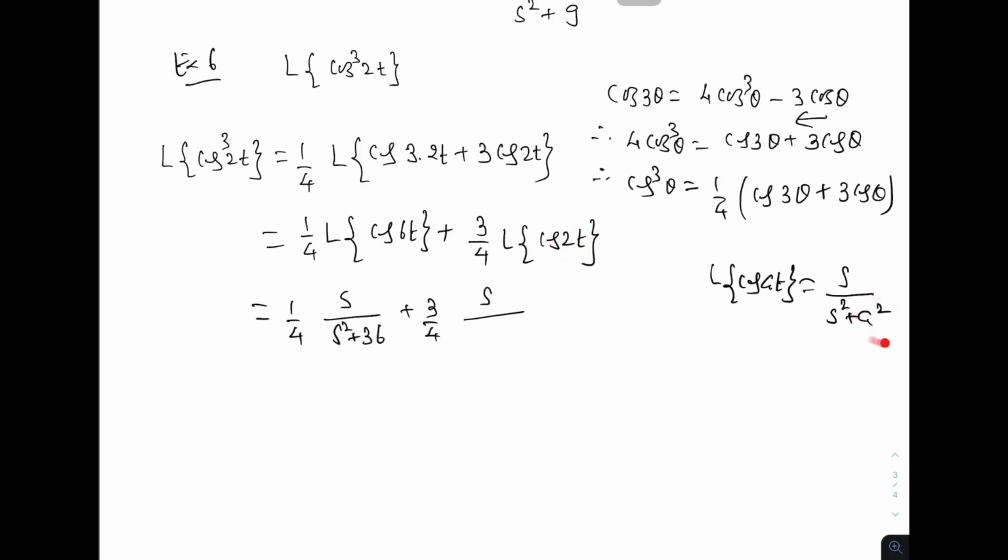So here we need to put 2 square. So s square plus 4, and if you want, you can have at most like s by 4 times (1 over s square plus 36 plus 3 over s square plus 4). So that's the answer.